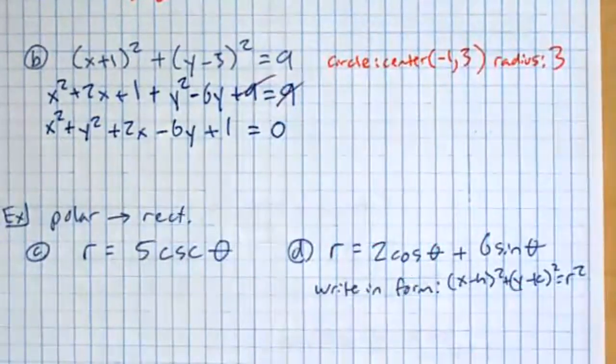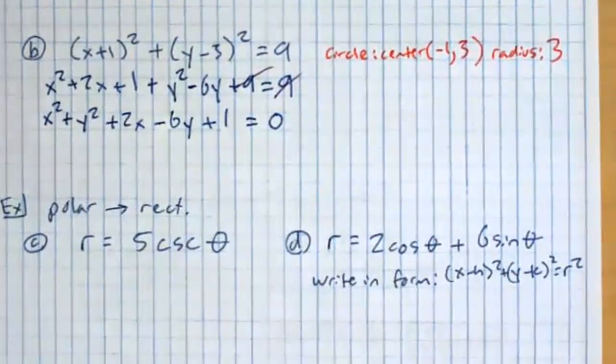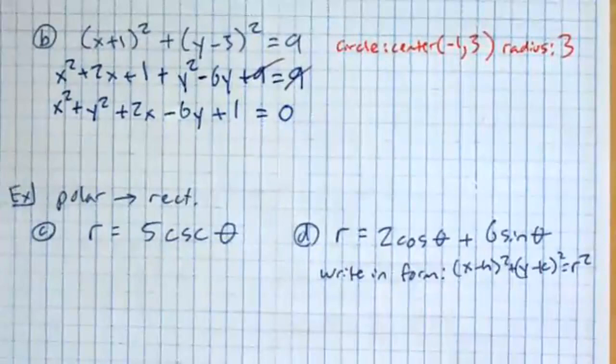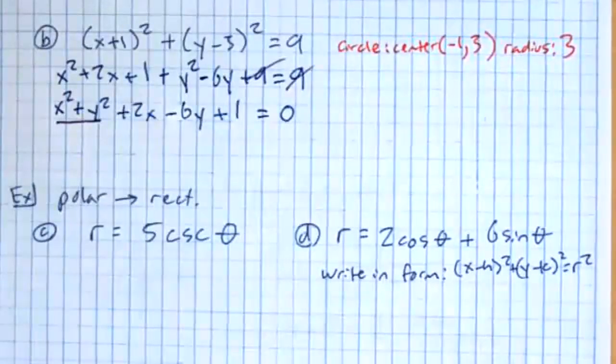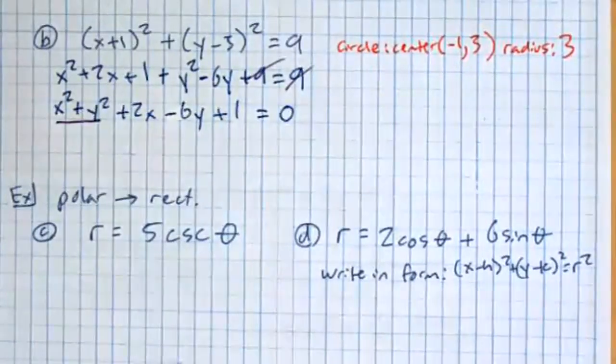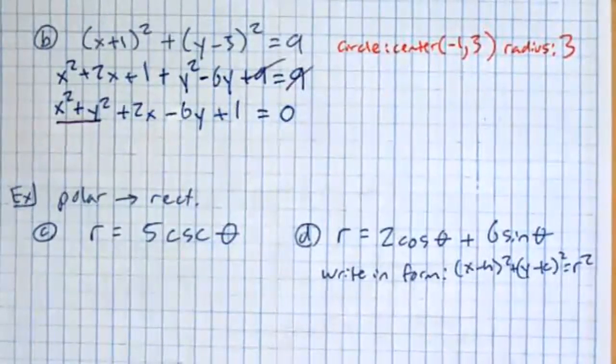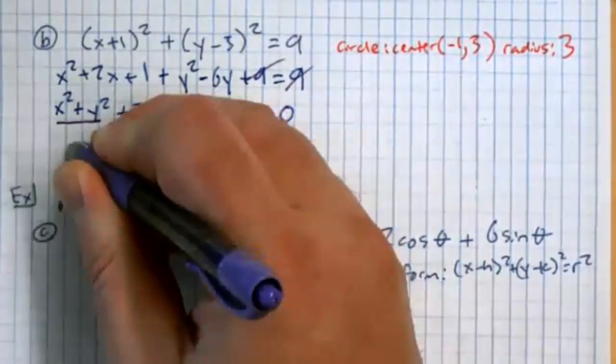Why in the world would I do that? Look back at the equations that I gave you for converting. I'm hoping you'll see why I did that. What is x squared plus y squared? It's r squared. You see why I put those together?